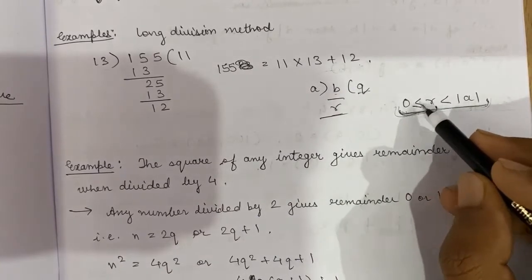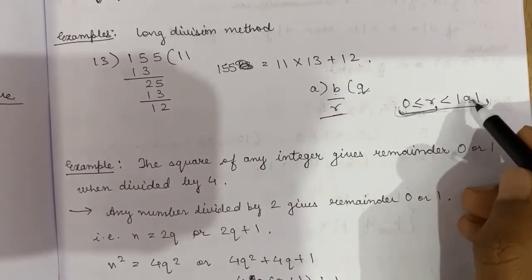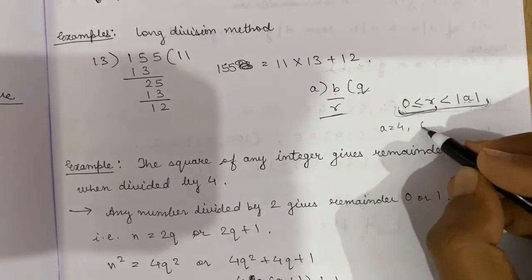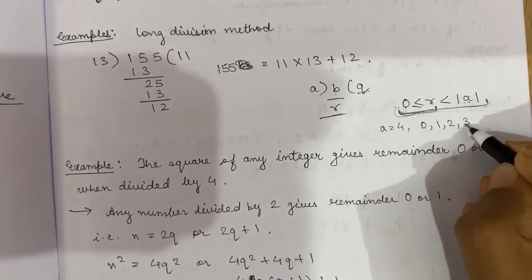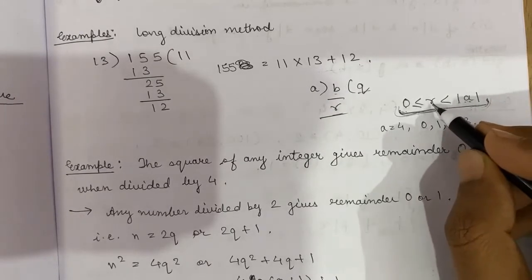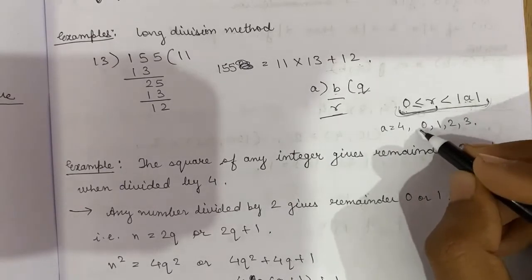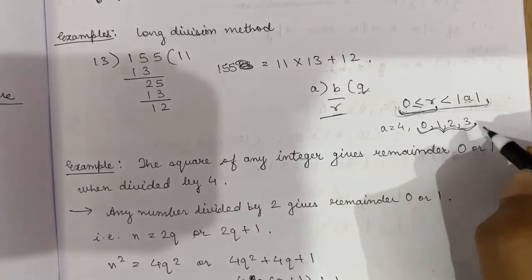The remainder is always between 0 and mod a. So for a equal to 4, the possible set of remainders are 0, 1, 2 and 3, since r is less than mod 4, which is 4. So these are the 4 possible remainders.